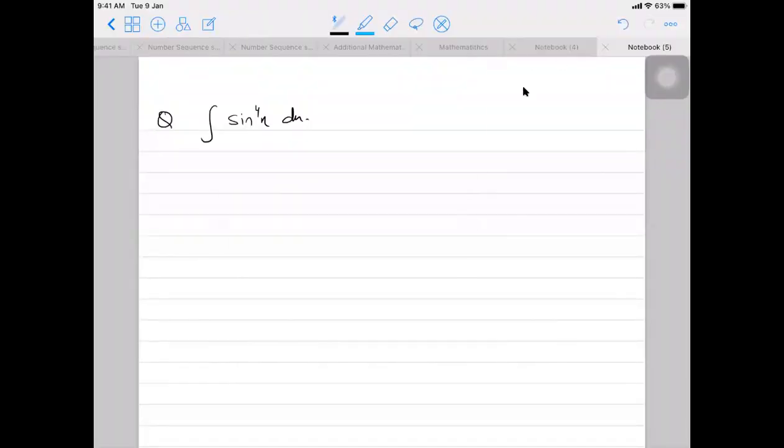So in this question, the first step is that you're going to write sine to the power of 4 x as sine square x whole square. Right? Yes. Since it's an even power of sine x, obviously we have to use this identity. We know that cos 2x was 1 minus 2 sine square x.